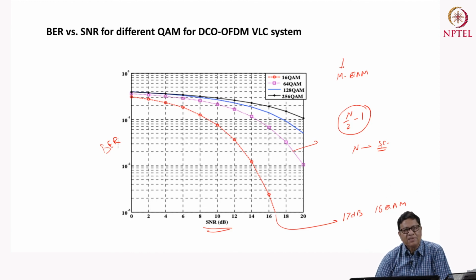So the spectral efficiency has gone. But if I want to make the system compatible with the VLC scenario, I need to make the signal real and unipolar. That is why I did Hermitian symmetry. Because of the Hermitian symmetry, I lost some subcarriers. These are the data carrying subcarriers.